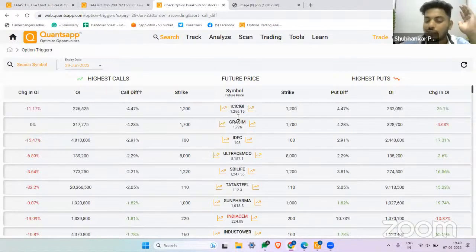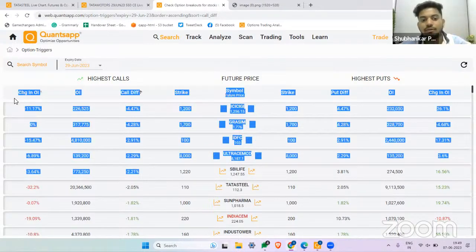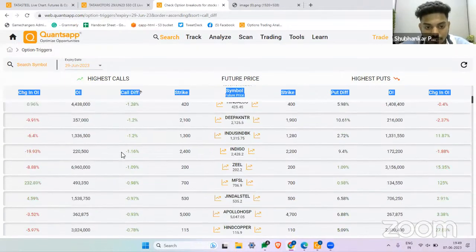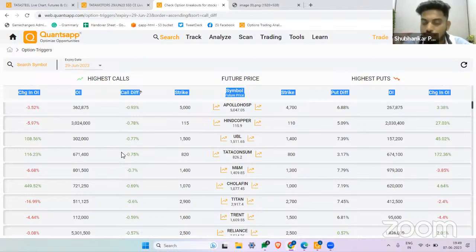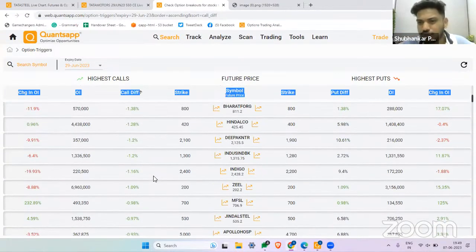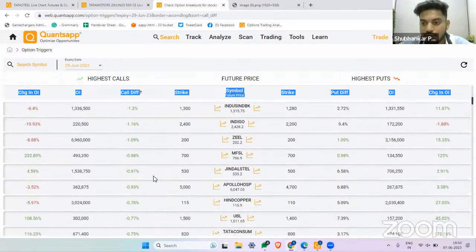For example, ICICI's highest call is at 1200 and it is trading at 1256. I'm not concerned with these stocks a lot. What matters to me are stocks around -2% to +1% where open interest is unwinding. Those are the stocks on my radar list. I don't have to make trades everywhere, only in the stocks on my radar list. So stocks from around -2% to around +1%, and the open interest difference should be negative.